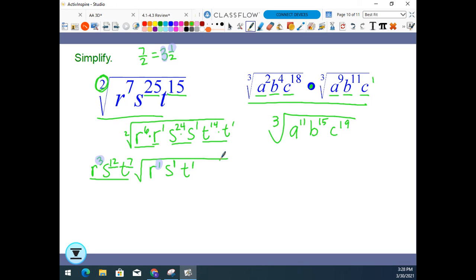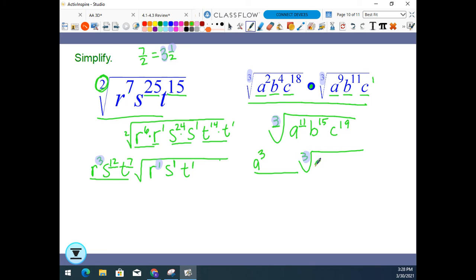Then we're going to do what we did over here. I'm just going to use the easy version though. So I'm going to have some that comes out and some that stays in. What's very important is that all of these are cube roots. If you forget to bring the cube root down, it's not the same answer. This has to be the cube root. All right. 3 goes into 11 3 times.